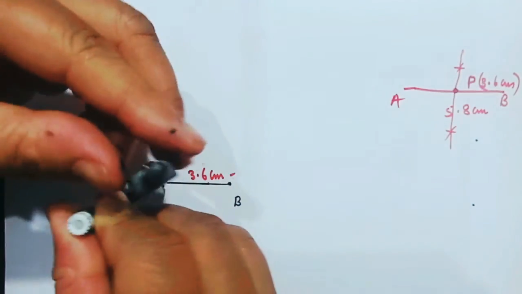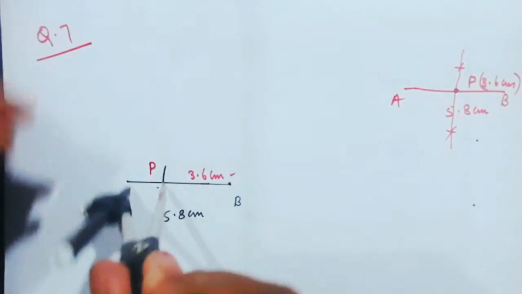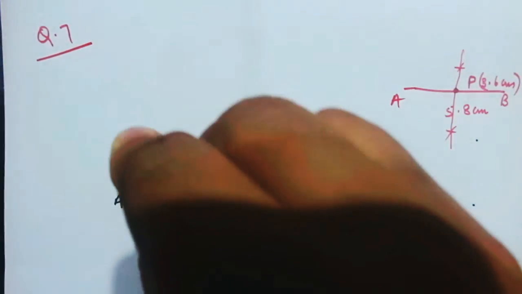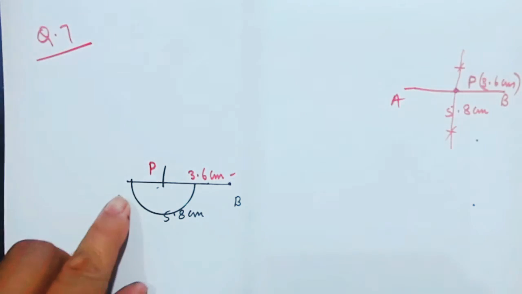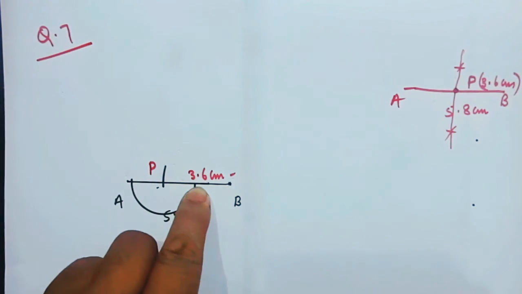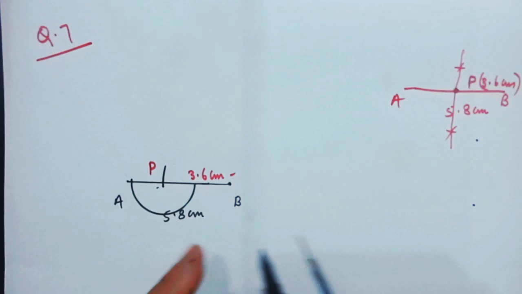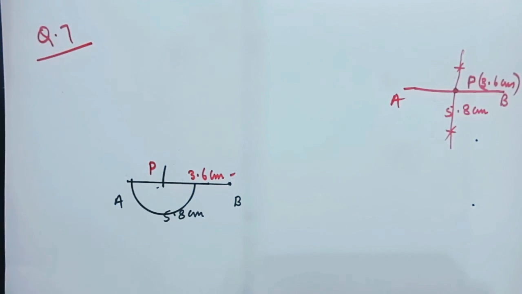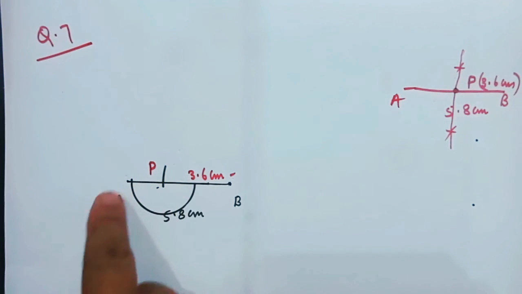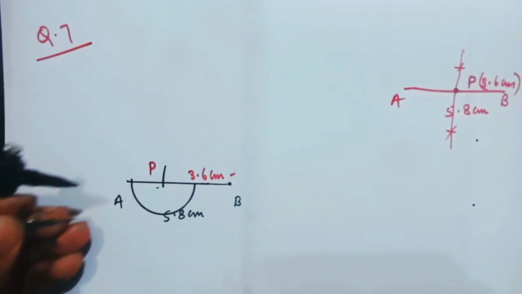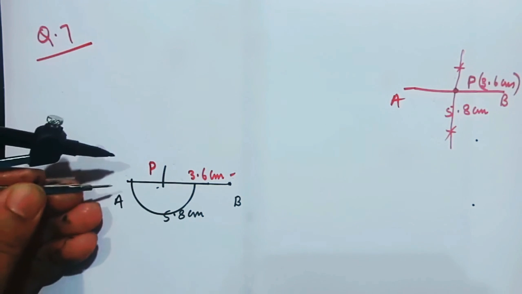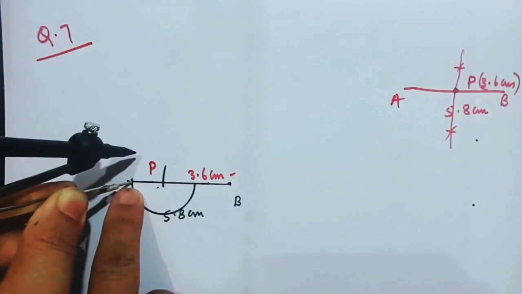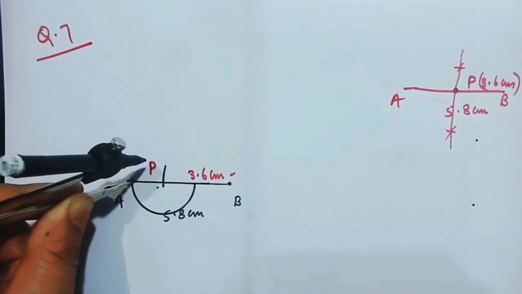Everyone has seen a swing. I am going to draw an arc such that it swings from this point to this point. Remember, the arc should be such that it covers both the parts, this part as well as this part, isn't it? Now, after drawing the arc, go to the end point of the arc.